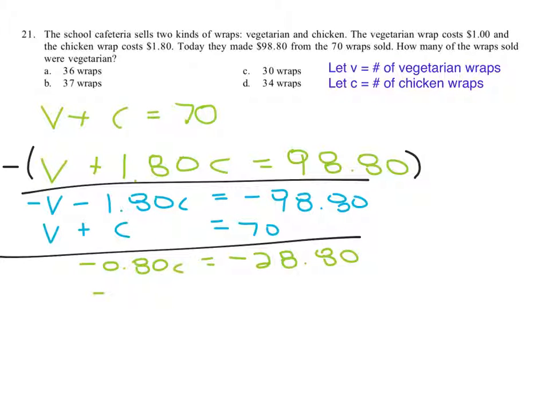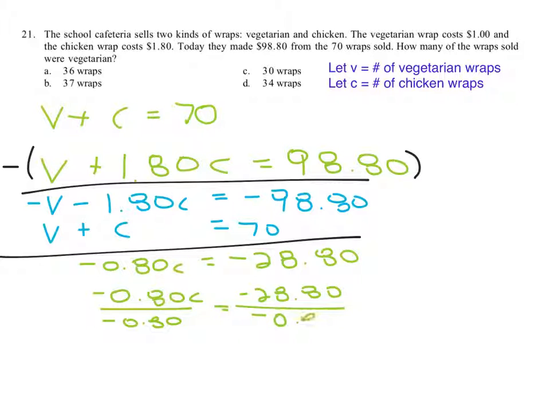Okay? And of course now we're going to divide both sides by the coefficient of the variable, which is negative 0.80. Negative 0.80C equals negative 28.80, so C equals negative 28.80 divided by negative 0.80.